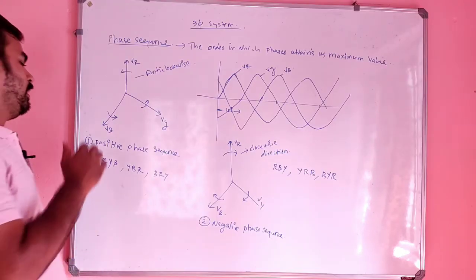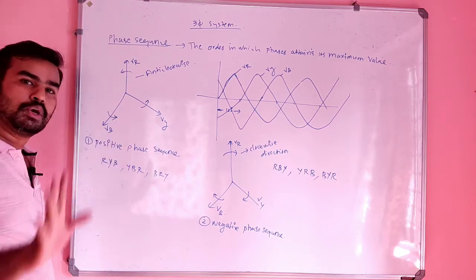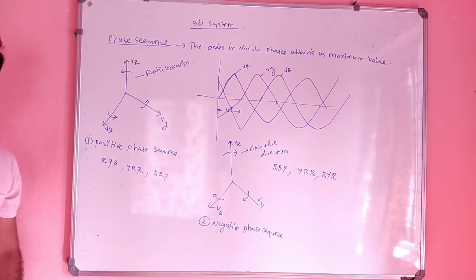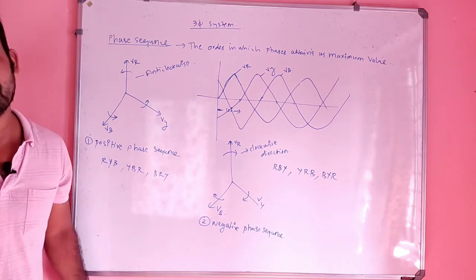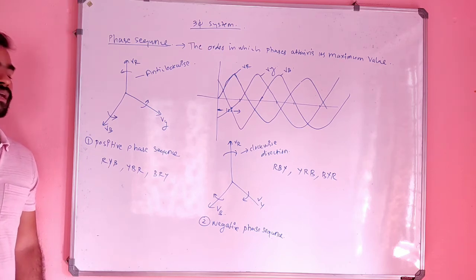The meaning of positive phase sequence is that we rotate in the anti-clockwise direction. The nature of the negative phase sequence is that we rotate the vectors or phases in the clockwise direction. That is the only thing we have to note.